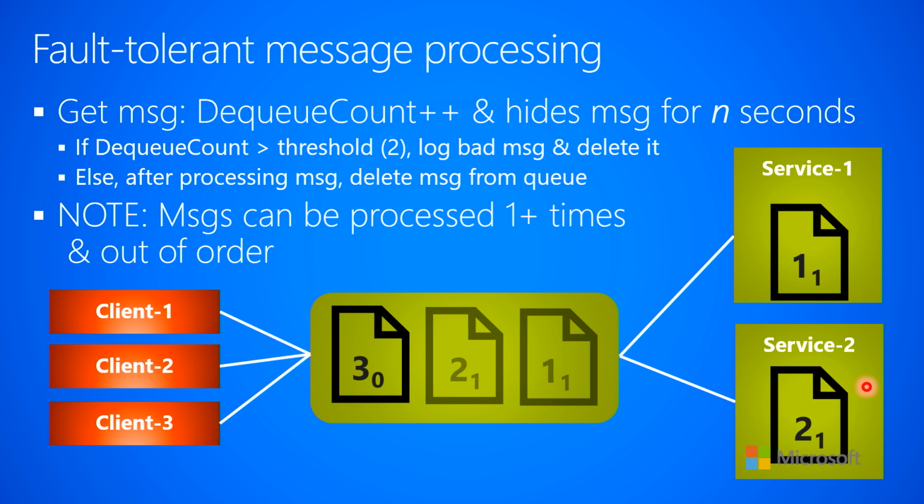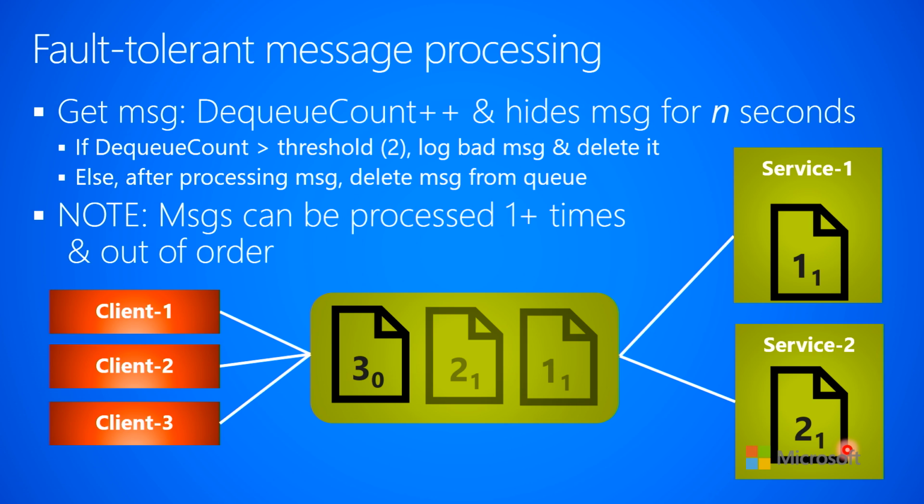If service 2 tries to get a message from the queue, the queue will say, well, you can't have message 1 because it's invisible, so I will give you message 2 instead. The queue increments the DQ count to 1, and now service 2 is processing message 2, and it has a DQ count of 1. Since the DQ count of 1 is less than the threshold, the service does process the message.